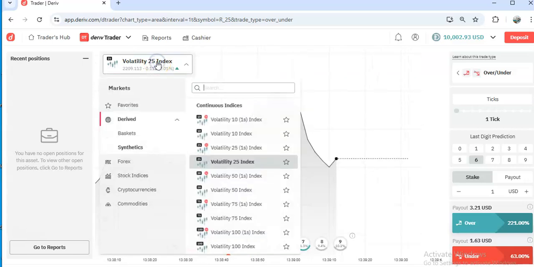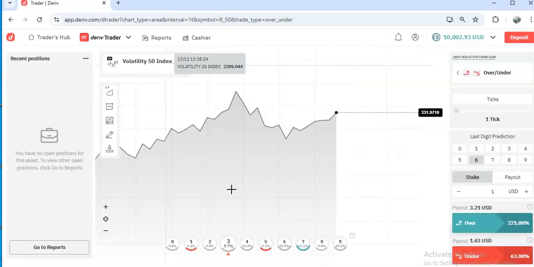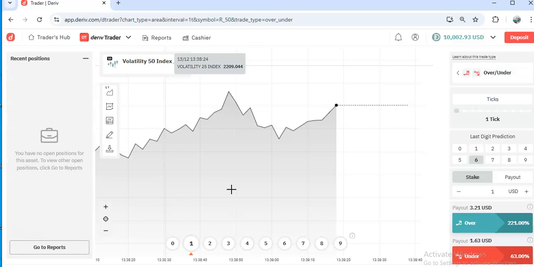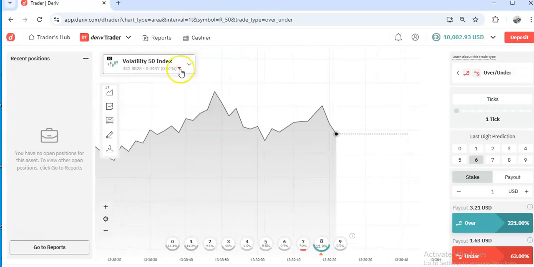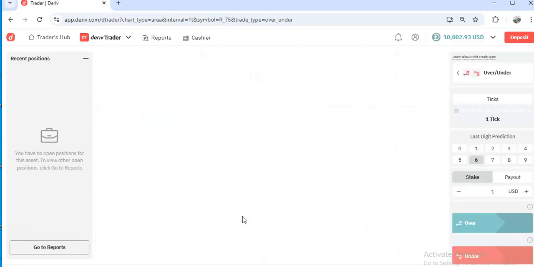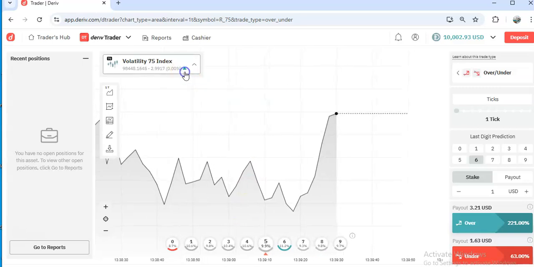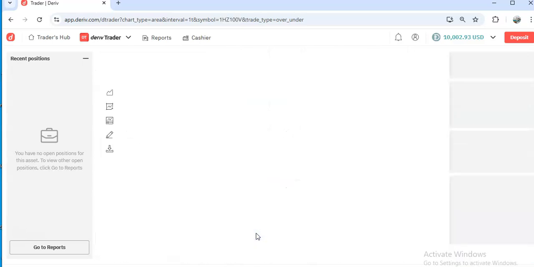This one I'm going to ignore, and let's look for a market that at least matches what we are reading. So let's say 6 has the most appearing.